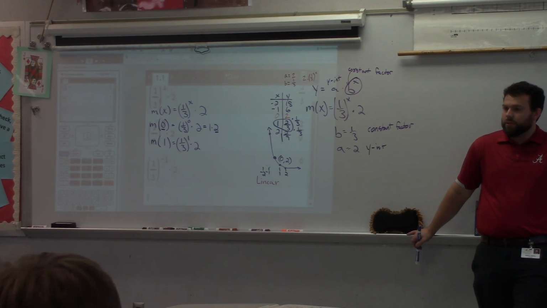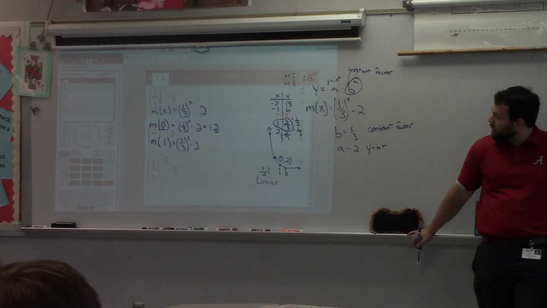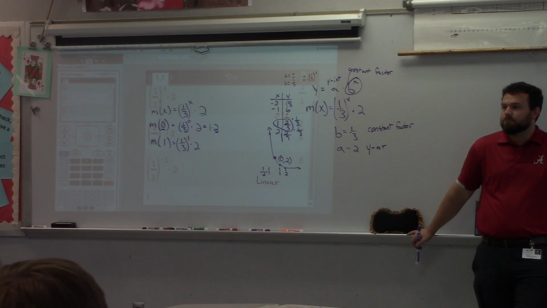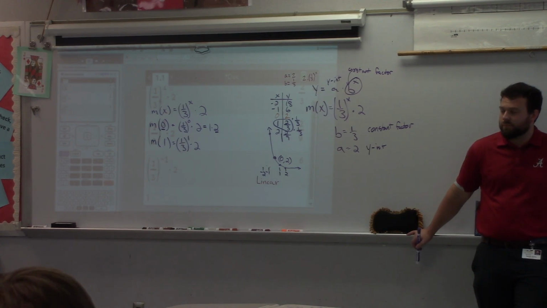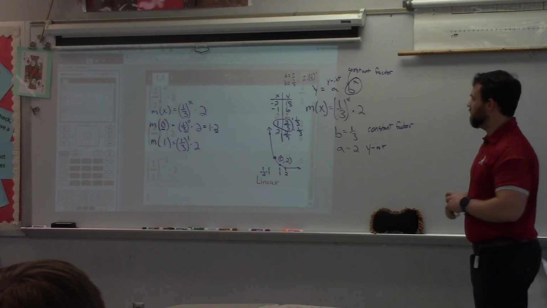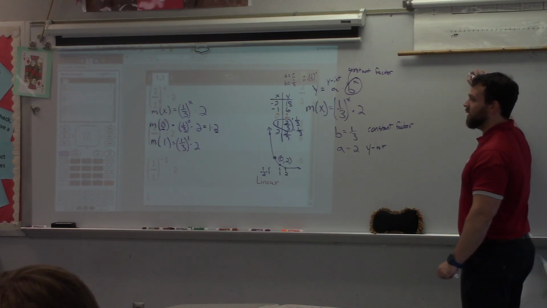Let me ask y'all a question. Why in the world is 1/3 raised to the 0 equal to 1? Janai, you got any idea why it'd be 1? Calculator told us that, right?